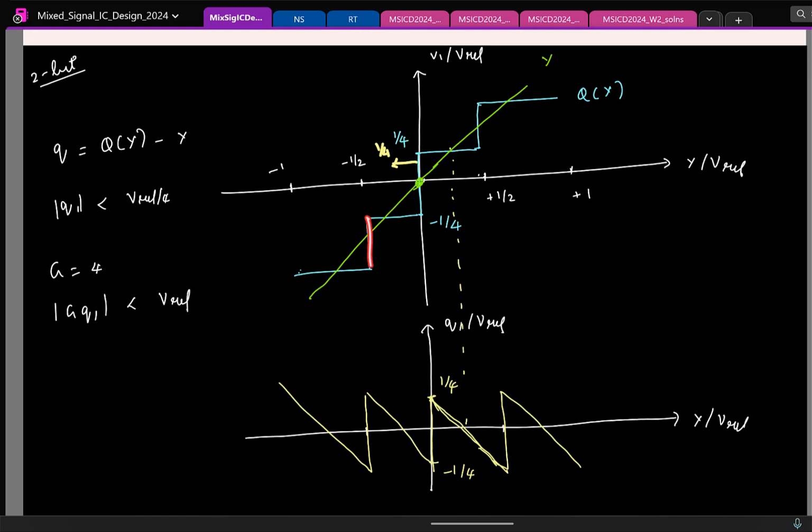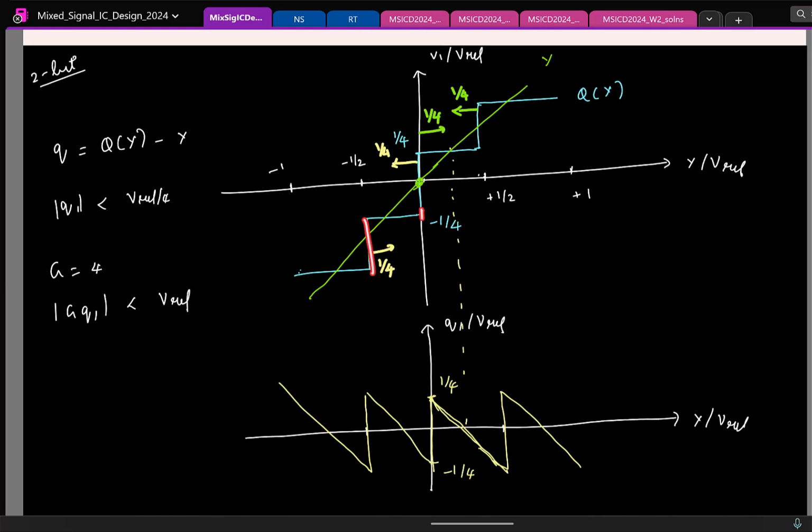Similarly, this level, even if it comes to the right by 1/4, I am fine. The same I can say on the other side also. So this one, if it comes to the right by 1/4, I am fine. This level, if it comes left by 1/4, it is fine. So that's what made some people realize that this can come here and this can come here.